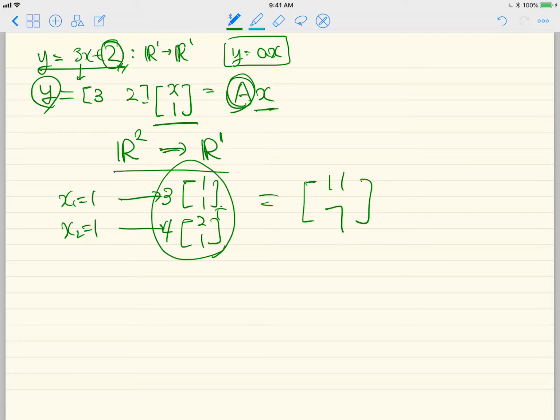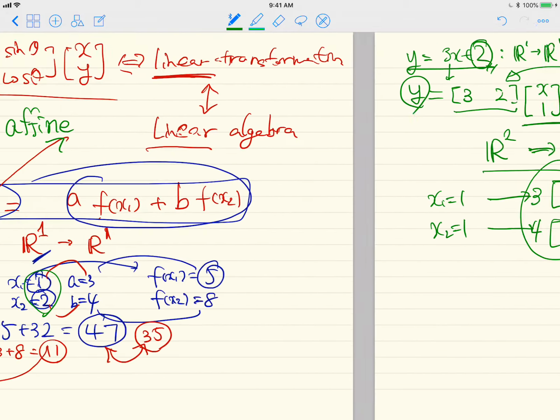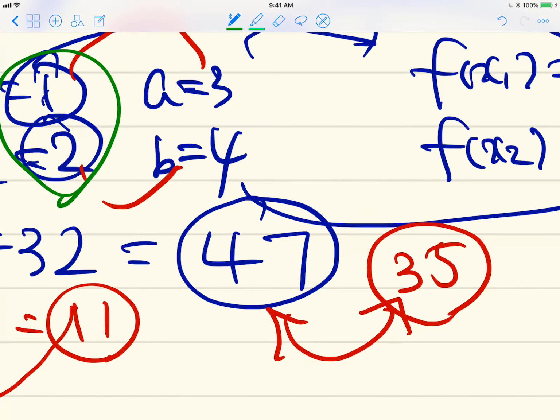And then if you compute this with the inner product with the scaling vector (3, 2), we get 48, which is the same as this, right?